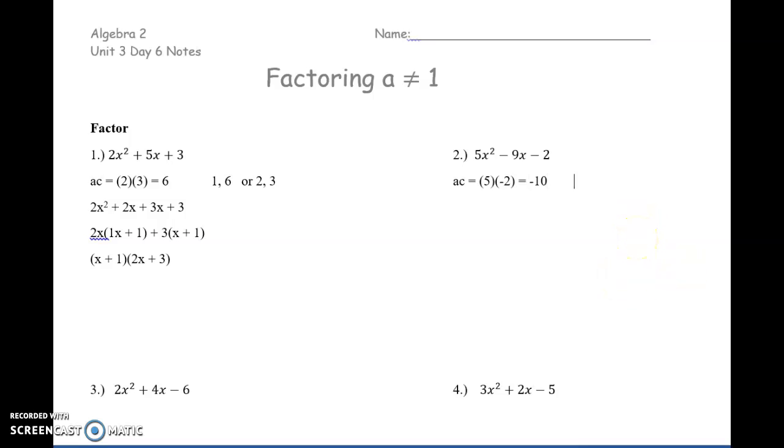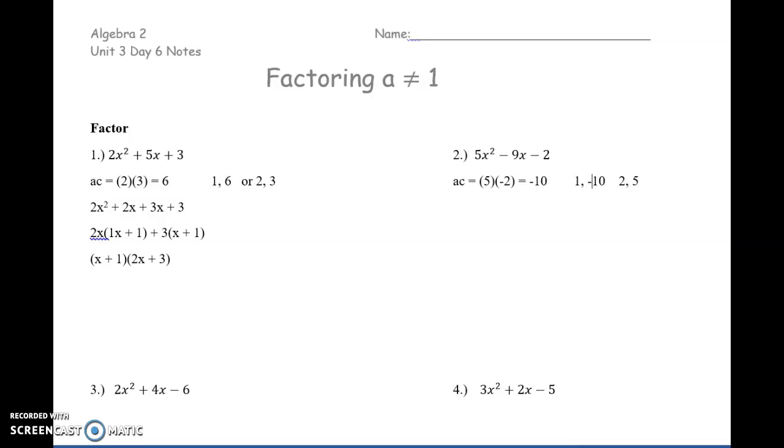Okay, so if I look at the things that multiply together to be 10, I have 1 and 10, and I have 2 and 5. Somehow I need to get a negative 9. Well, if I look at 2 and 5, it doesn't matter which one of those I make negative, I'm not going to be able to come up with a 9. But if I look at this one, I make one of them negative, I will be able to come up with a 9. If I make my 1 negative, negative 1 and positive 10, that makes positive 9, which is not what I want.